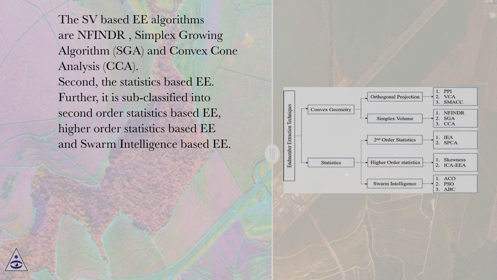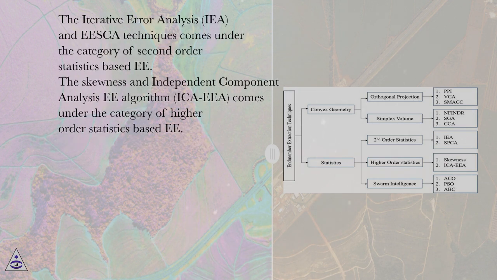Further, it is subclassified into second-order statistics-based EE, higher-order statistics-based EE and swarm intelligence-based EE. The iterative error analysis, IEA, and ISCA techniques come under the category of second-order statistics-based EE. The skewness and independent component analysis EE algorithm, ICA-EEA, come under the category of higher-order statistics-based EE.